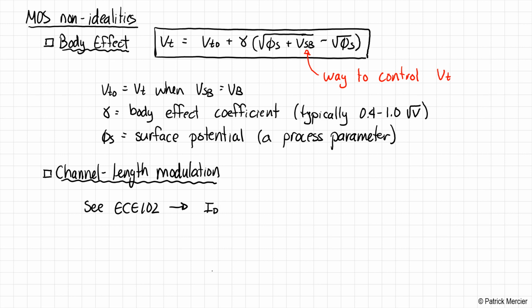The basic punchline is that IDS prime is equal to IDS times 1 plus lambda times VDS. The basic idea here is that when the drain to source voltage starts to get very large, we start to pinch off the channel, and what that does is effectively cause the channel to shorten, and there's all sorts of interesting effects that happen as a result. Again, we're not going to get into all of these details here. Let's just say that this is the formula that you would use when we include the effect of channel length modulation.